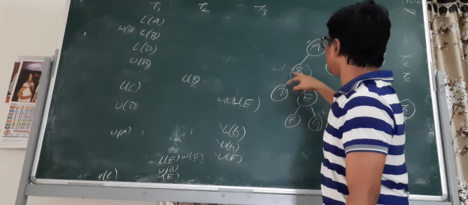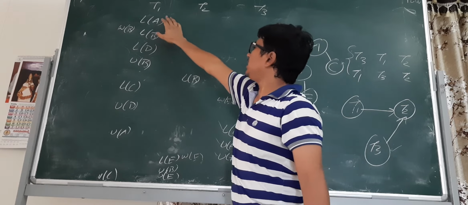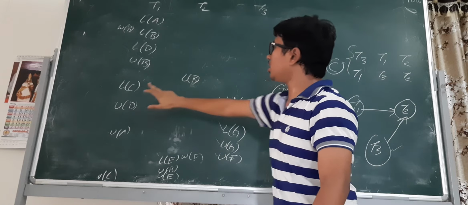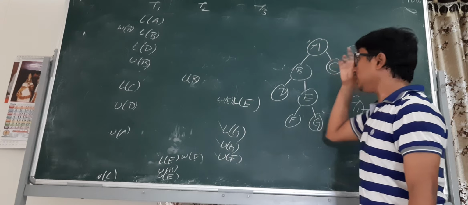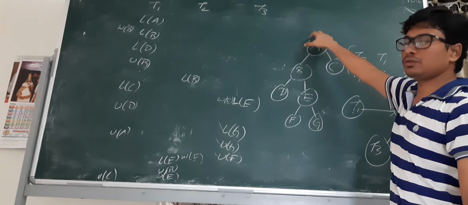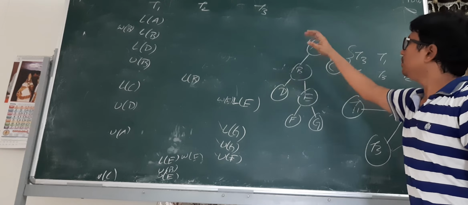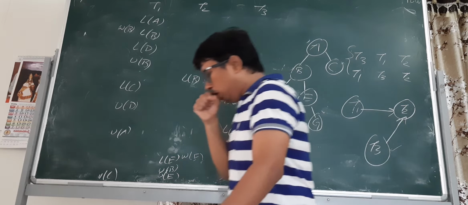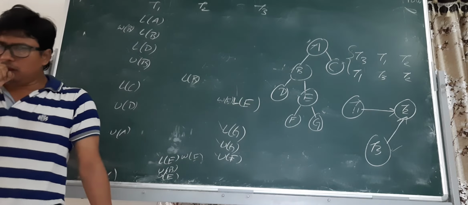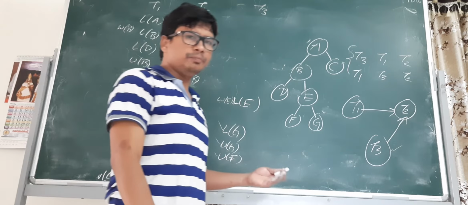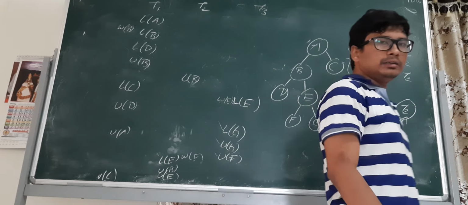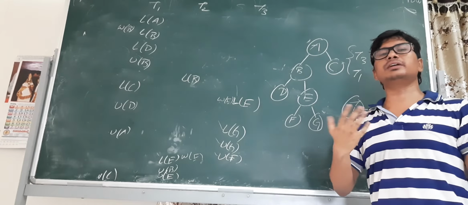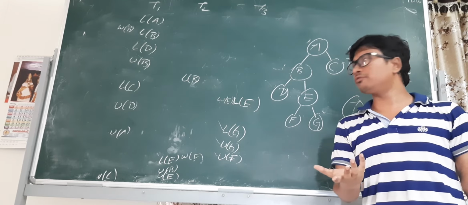Because if I do not take an exclusive lock on A, then a lock on B is allowed, but a lock on C is not allowed. To take a lock on C, we have taken an exclusive lock on A, but this is not required for us, because we were not performing any write operation. So unnecessarily we take exclusive locks which may not be required.